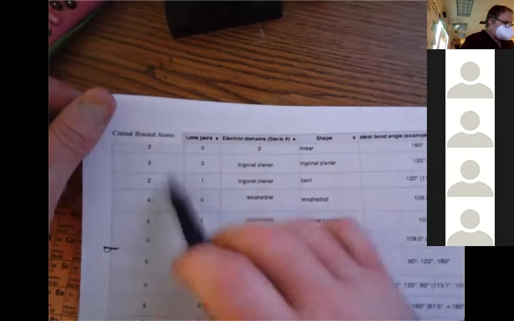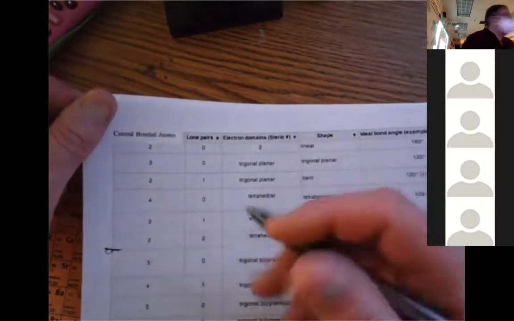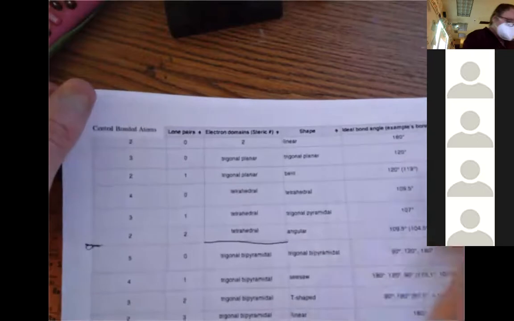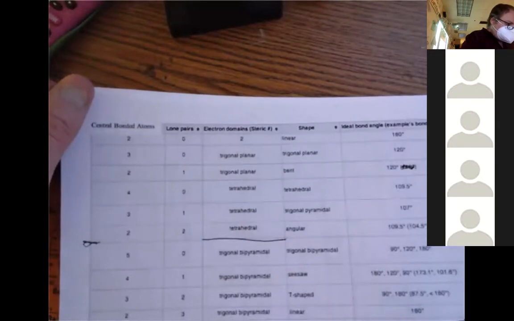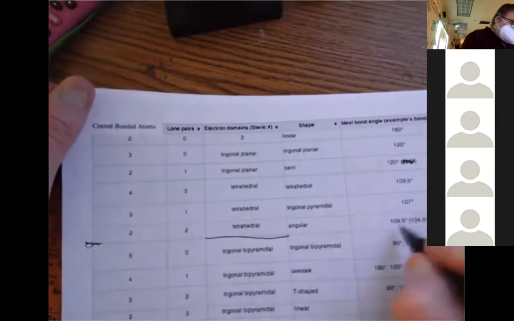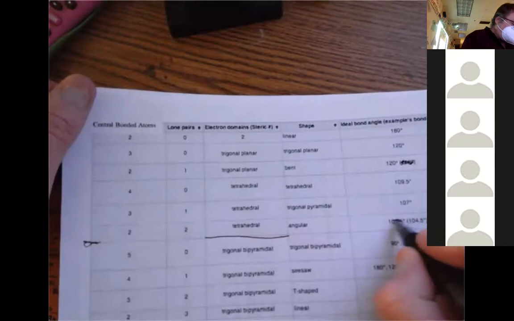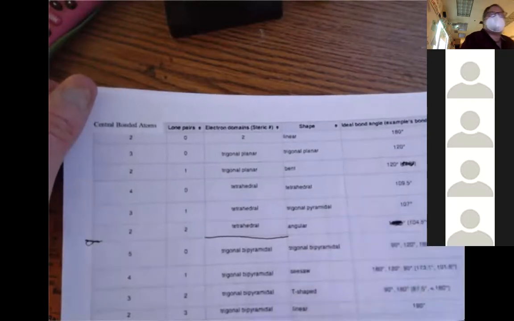Now, for the quiz next week, all we need to know is down to here. You'll be able to use this because I can't stop you. Usually I would have you memorize this. We're going to mark out 119 here, so you can cross that out. And we're going to keep the 104.5 here, so you can mark out the 109.5 on Angular.